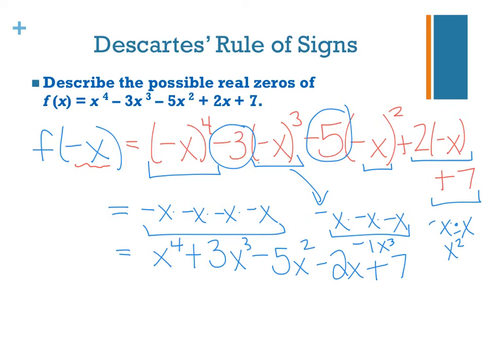So, in order to determine the possible negative real zeros of this function, I am going to count the number of sign changes in this equation here after I've evaluated for negative x. So when I move from the first term to the second, I move from a positive term to another positive term, so I do not count that as a sign change.